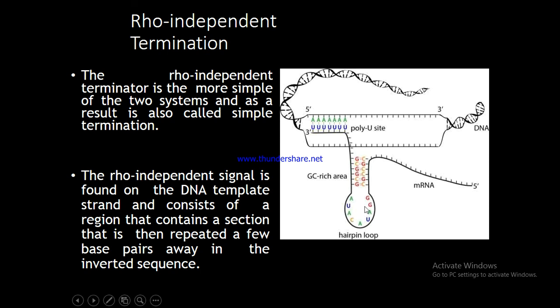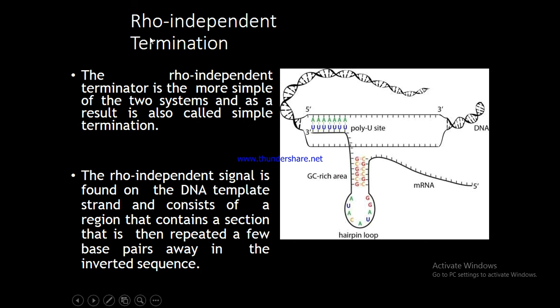Here it forms a loop that looks like a hairpin, so we call it a hairpin loop. This hairpin loop helps to dissociate the RNA polymerase, and then transcription stops.